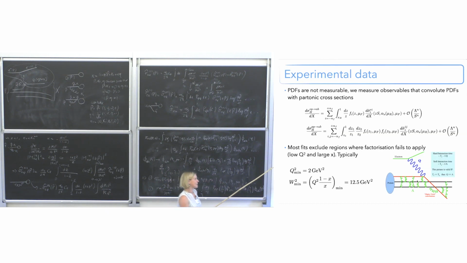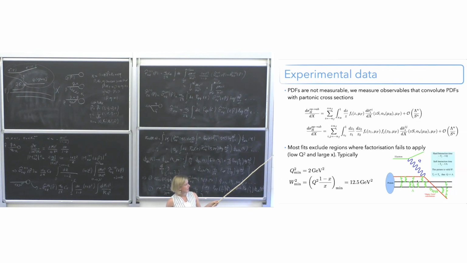We always fit a function that goes through some integral and some sum over the integrals, okay? And the other thing which is important is that we always want to fit observables for which this formula is accurate enough. So observables that don't have large corrections from the power suppressed terms, okay?